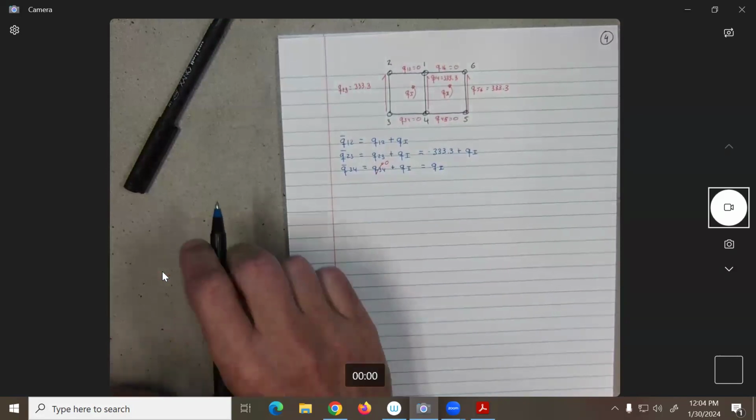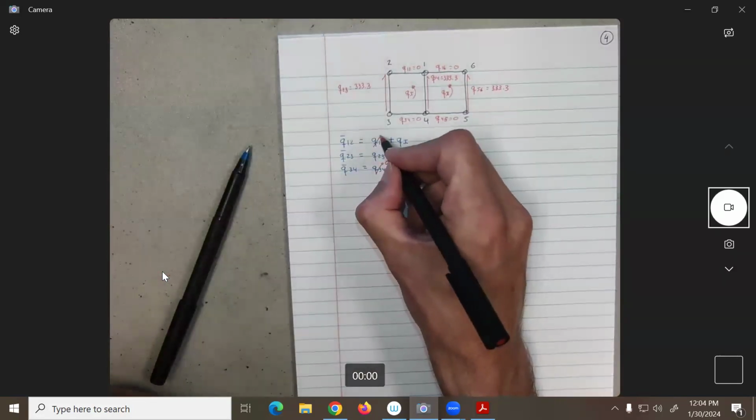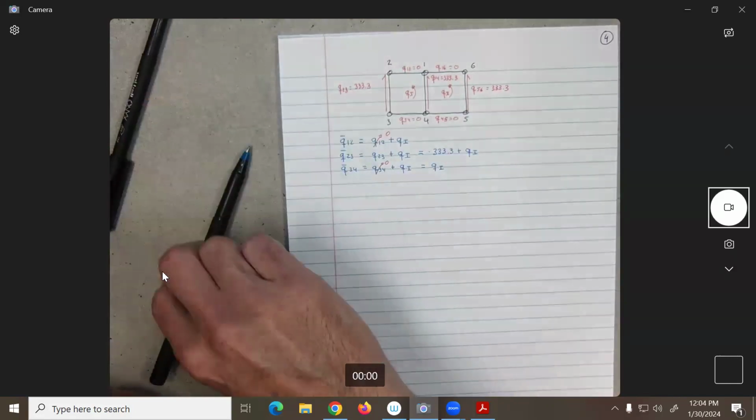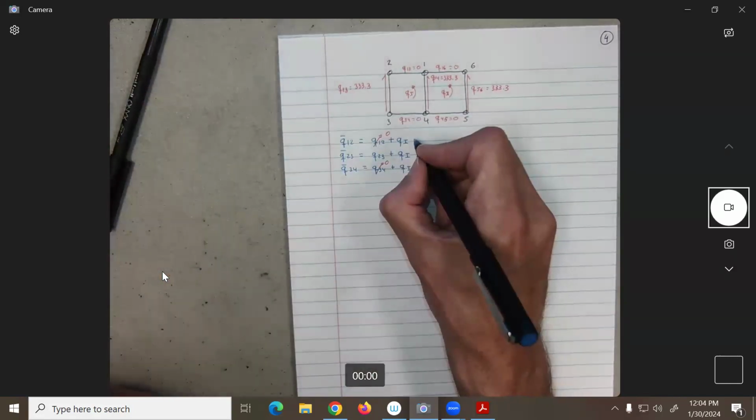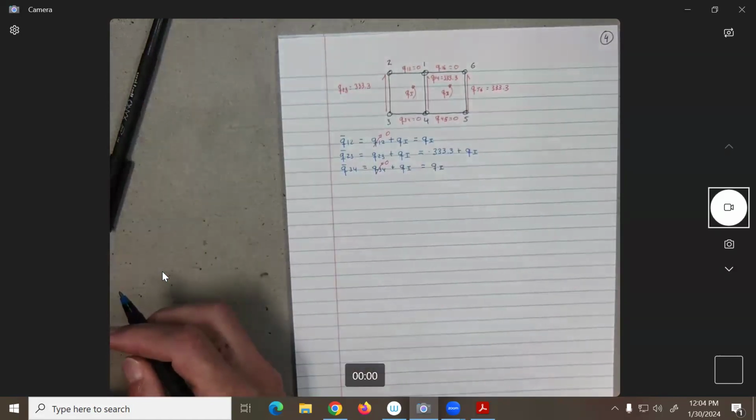And all this time I forgot even to do the first one, okay? What is Q12? 0, so Q bar 12 should be equal to Q1, no?